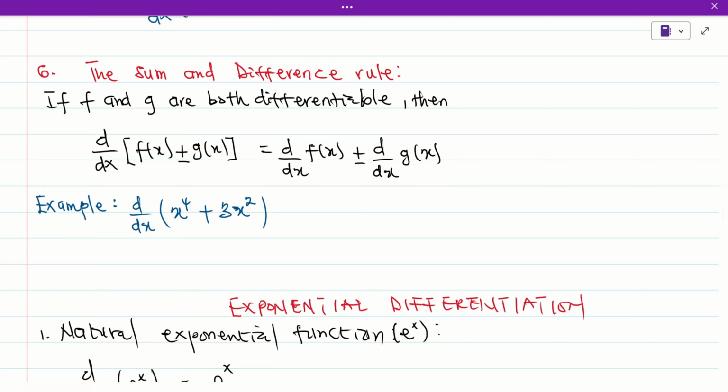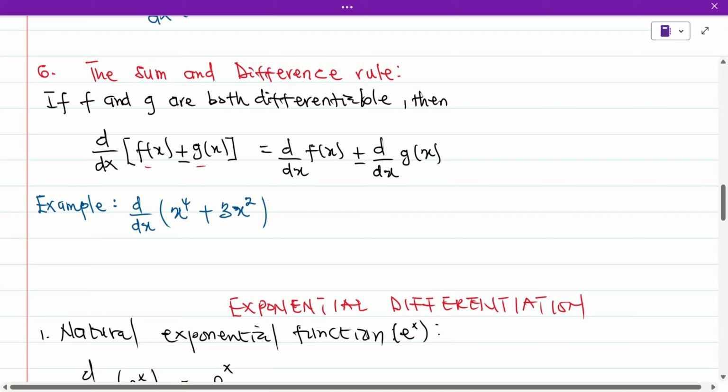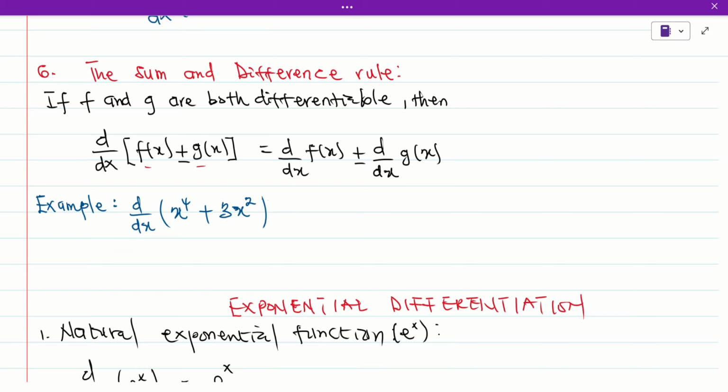The rule states that if f and g are both differentiable, then whenever we differentiate f of x plus or minus g of x, you're going to get d/dx of f of x plus or minus d/dx of g of x. So what this rule is saying is that whenever you're given two functions, f of x plus or minus g of x, and you have been asked to differentiate this function, you can differentiate part by part.